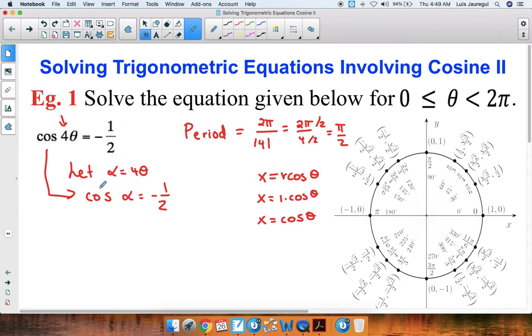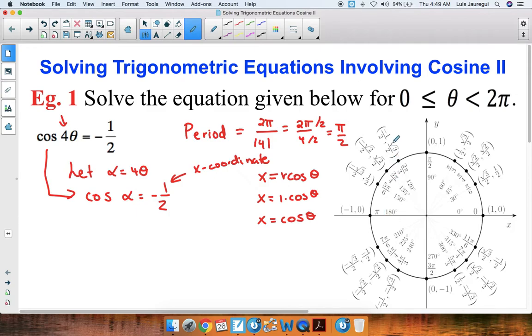Since we're dealing with cosine, which is the same as x, we want the angle corresponding to the x coordinate of negative 1/2. So we look at the unit circle and identify what angle or angles have an x coordinate of negative 1/2. So we know that x is going to be negative 1/2.